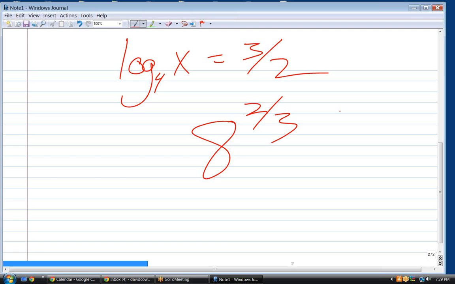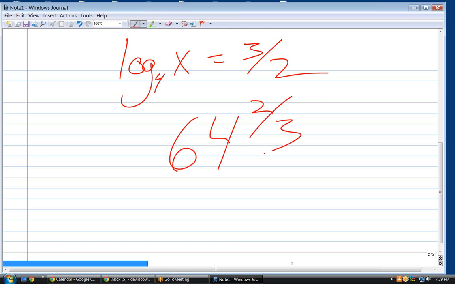Oh, 2. Okay, so cube root of 8 is 2, and then 2 squared is 4. Do another one. It's cube root of 64. Also a small whole number. 4. Okay, and what's 4 squared? 16. That's how you do those.